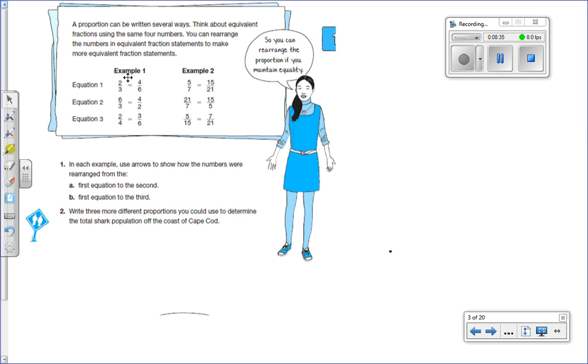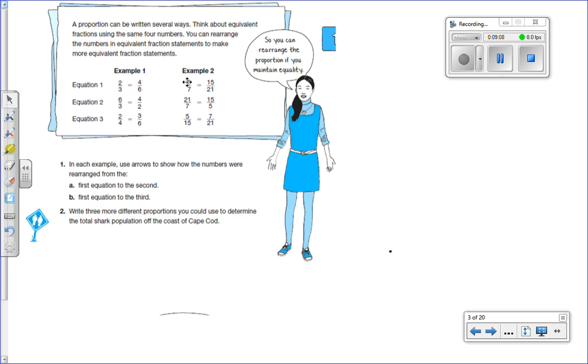So you could do the same thing in example 2. We have 15 and 21 together as a numerator-denominator combination. 15 and 21 are both in numerator position here, and 15 and 21 are both in denominator position there. We have 7 and 21 representing our denominators in equation 1. 7 and 21 are a numerator-denominator combination on top of each other in equation 2, and they are a numerator-denominator combination in problem 3.